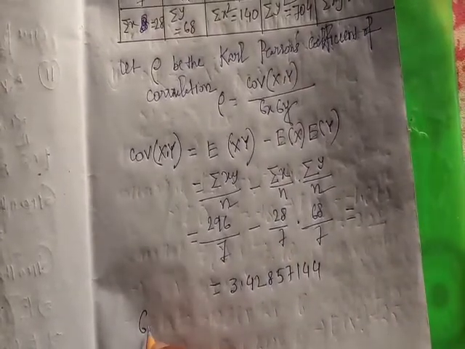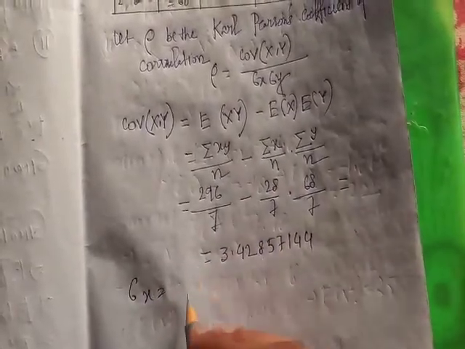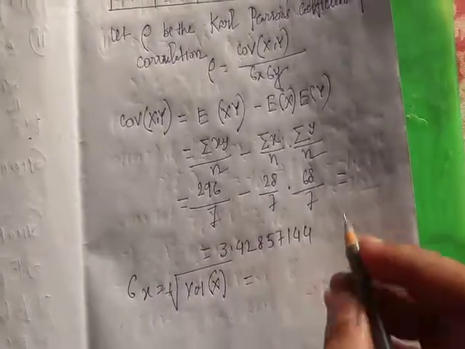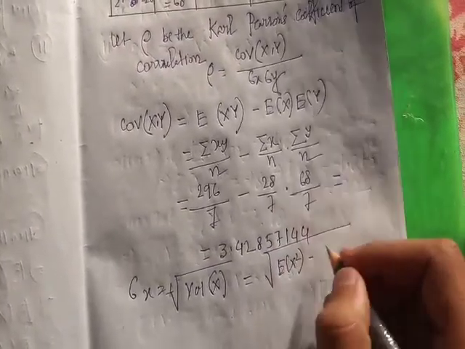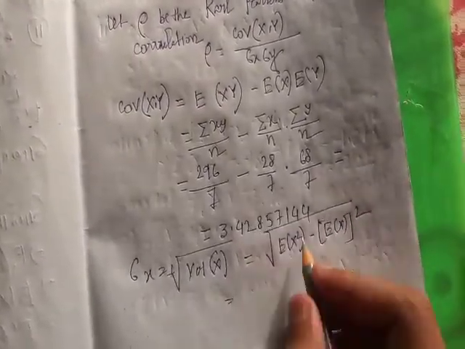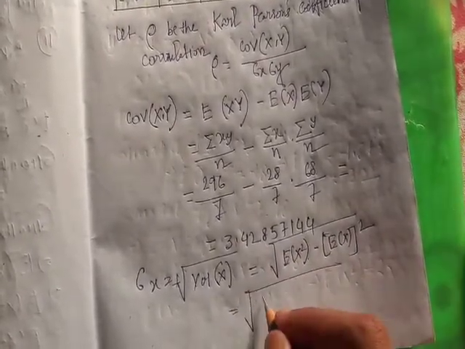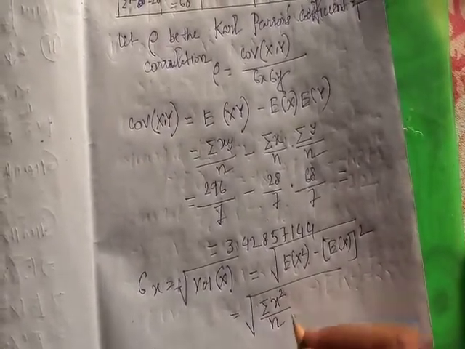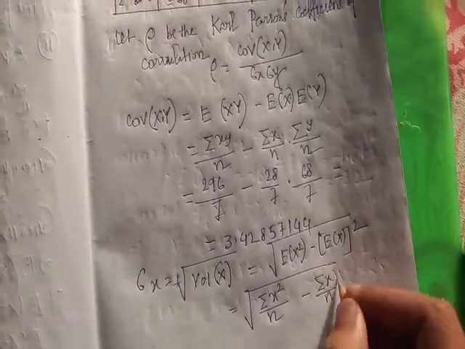Next we find sigma x, which is the standard deviation of x, the positive square root of the variance of x. The formula for variance of x is expectation of x square minus expectation of x whole square. Expectation of x square is summation x square by n, minus summation x by n whole square.